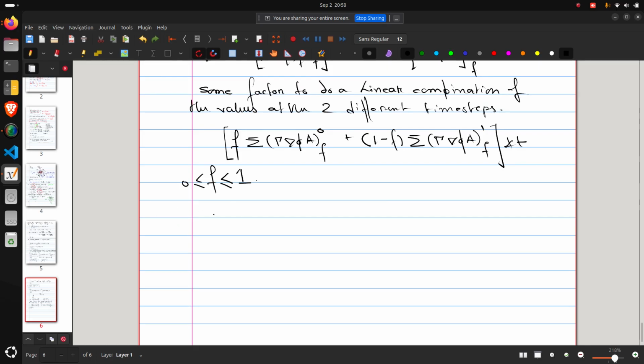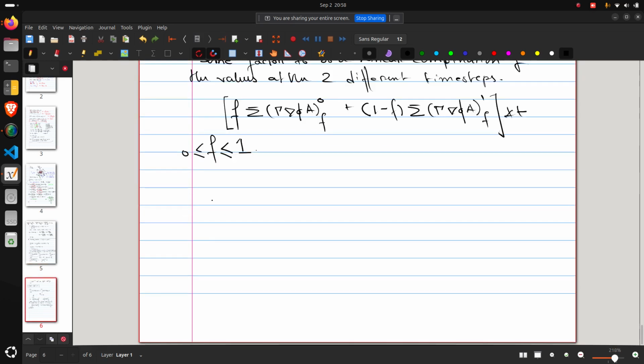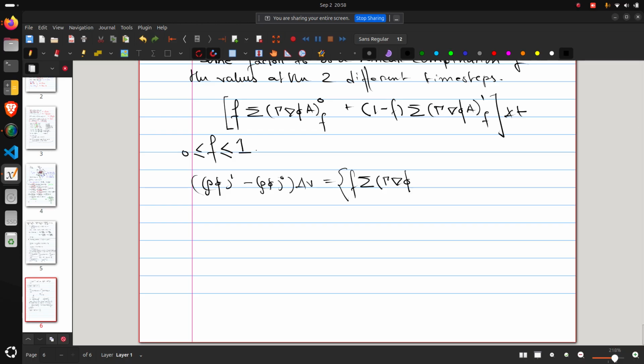Okay, so now let's write down the equation that we have. ρφ1 minus ρφ naught times ΔV is equal to f times summation of Γ∇φ A at naught at all the faces, plus 1 minus f times summation of Γ∇φ A_f at time 1, times delta t. Okay.